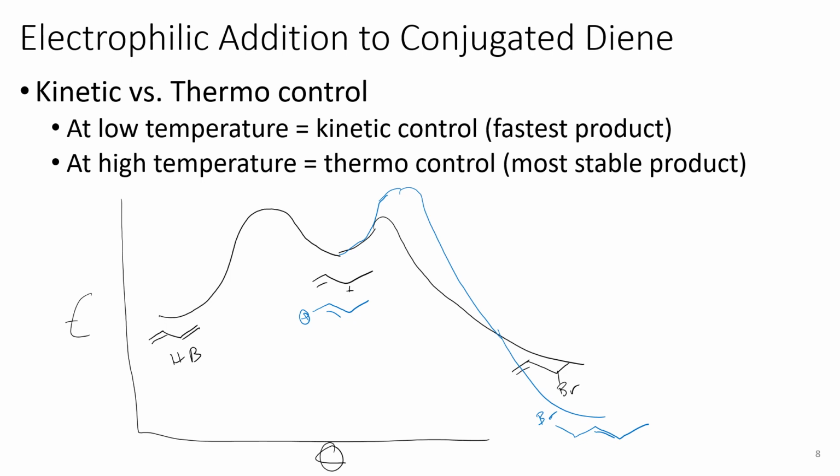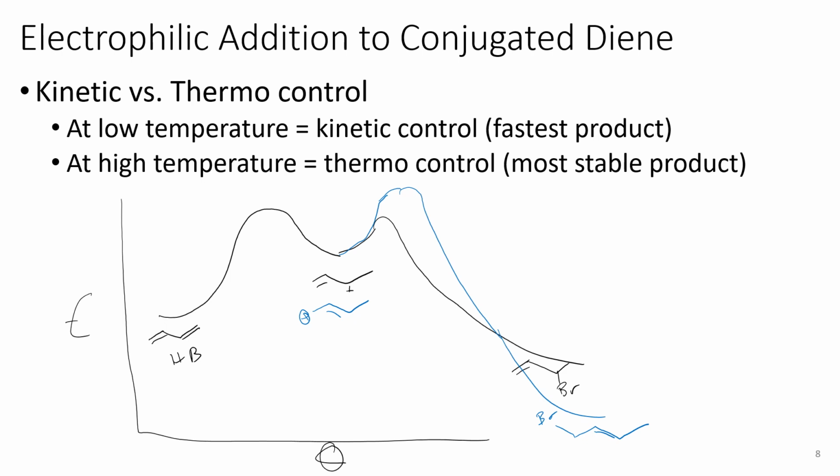Kinetic control works because it's going to be the fastest one for us, so it has a lower activation energy. It doesn't take as much energy to get to the final product. So under low temperatures, where we don't have a lot of energy and motion with our particles, we're going to go the kinetic route. We're going to go the path of least resistance.